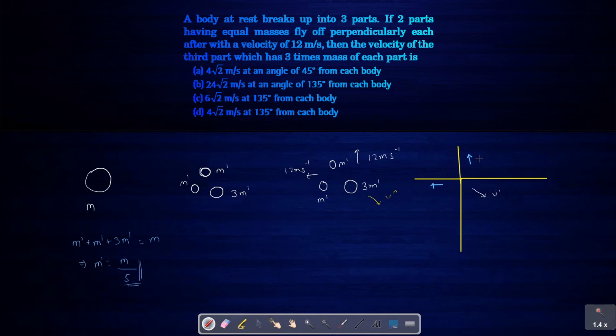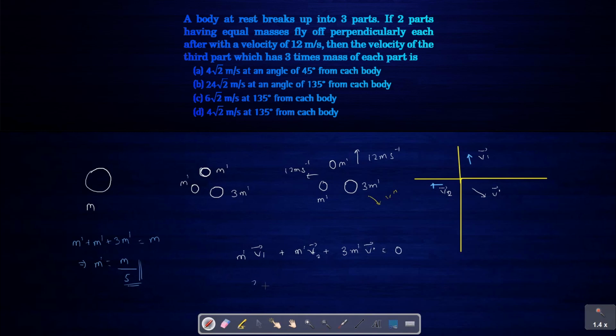This is v1, this is v2, and let's call the third one v dash. So v1 bar m dash plus m dash into v2 bar plus 3m dash into v dash bar is equal to 0.